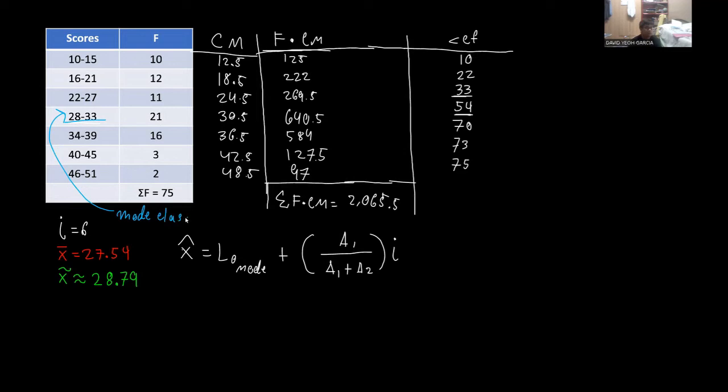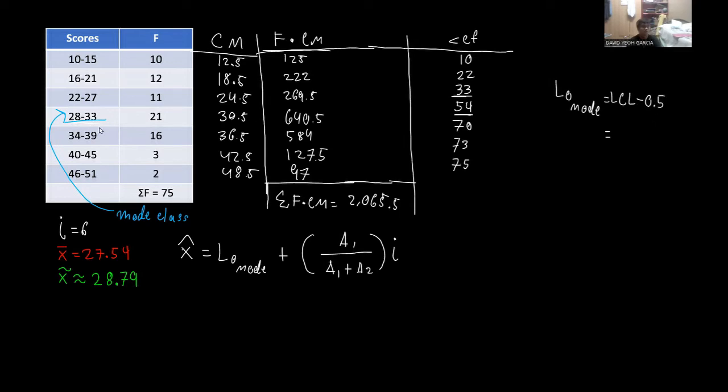There you go. Now that we determined the mode class, we're going to figure out the variables, such as the lower boundary of the mode class. So let's start with this one. The lower boundary of the mode, again, just get its lower class limit and subtract 0.5.